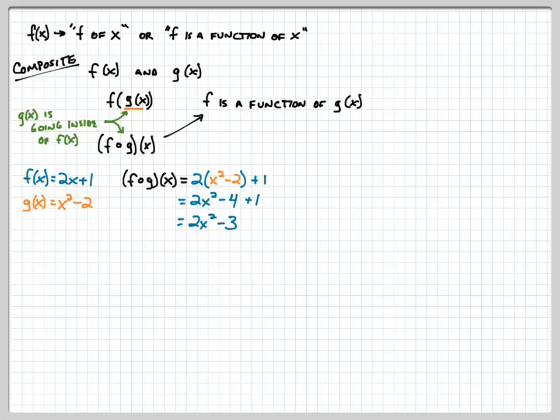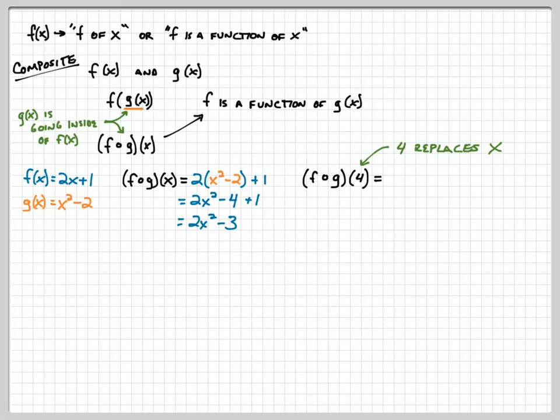Right? So that's just like we did in the previous example with the arithmetic sequence and series. Took the one function, put it inside another, simplified it. Another thing you might see is f of g of 4. Okay, so this is the same thing. We're still going to use our composite function, but now 4 is going to replace x at the very end of this whole thing.